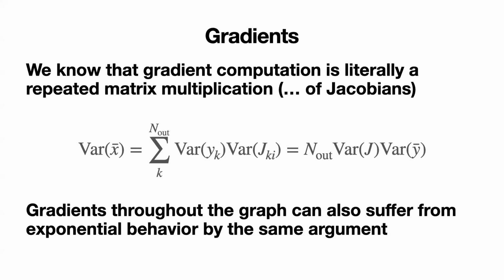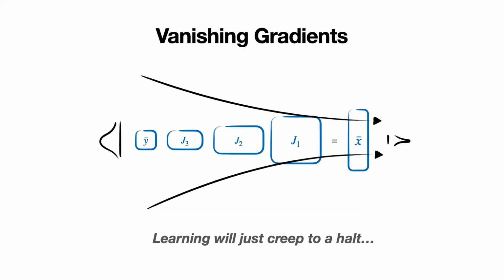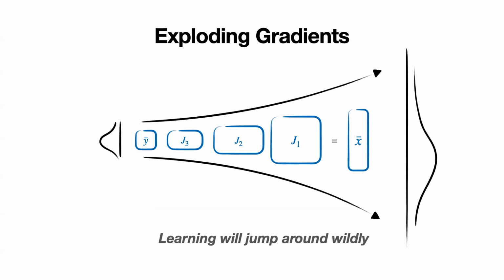But generally, it's exactly the same type of problem. We can get vanishing gradients, which was a problem for a very long time in deep learning. And what do you have with vanishing gradients? Okay, if your gradients are 0 and you do gradient descent, then you're not going anywhere, right? And so learning will basically just stop. And then you might also have exploding gradients.